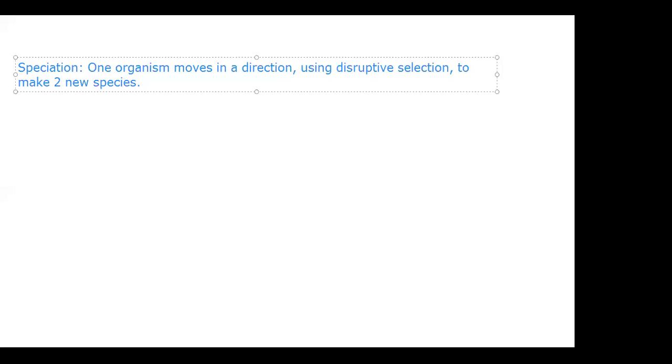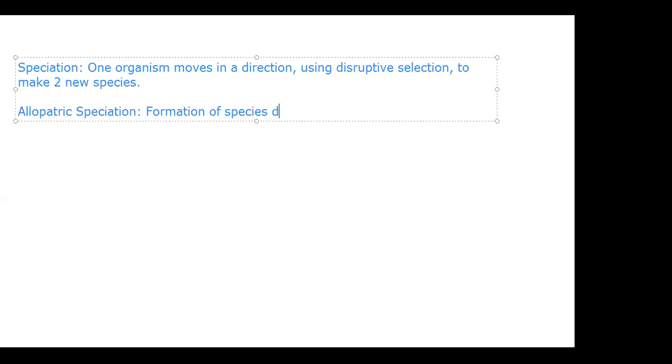Now, there are two types of speciation. The one we're probably most familiar with is called allopatric speciation, which is the formation of species due to a physical barrier forming. A good example is down by the Grand Canyon.